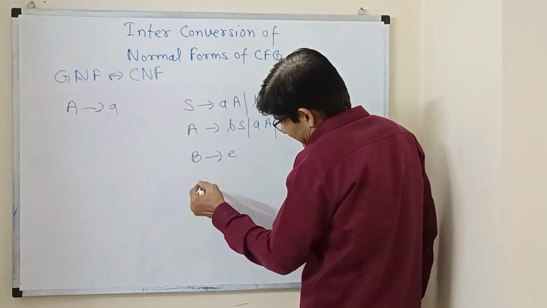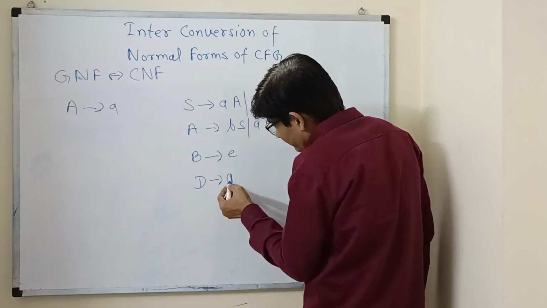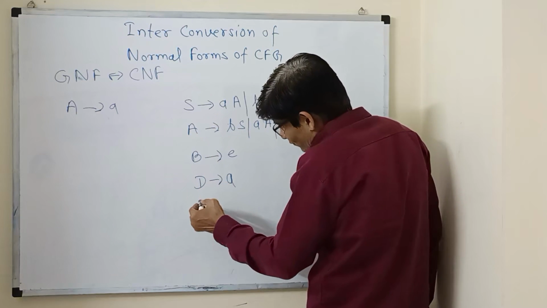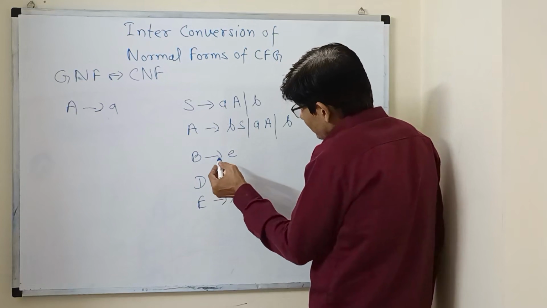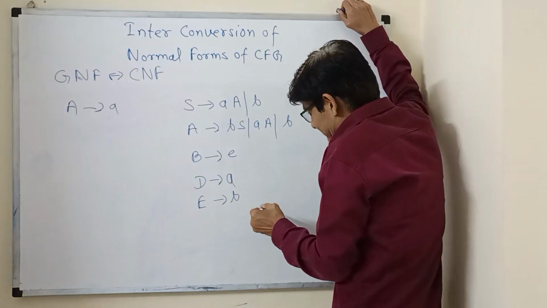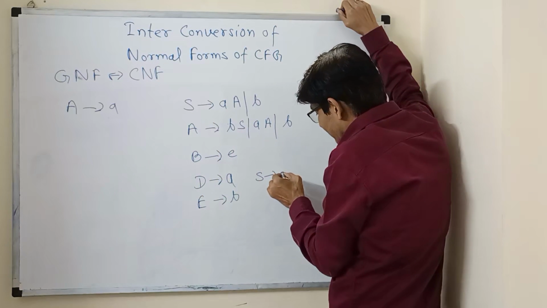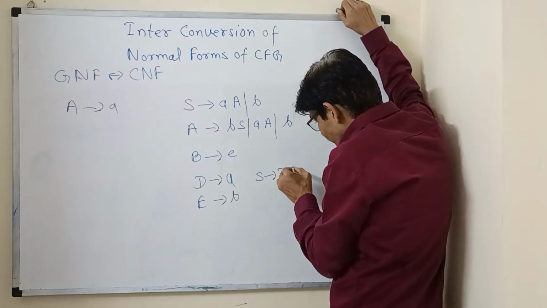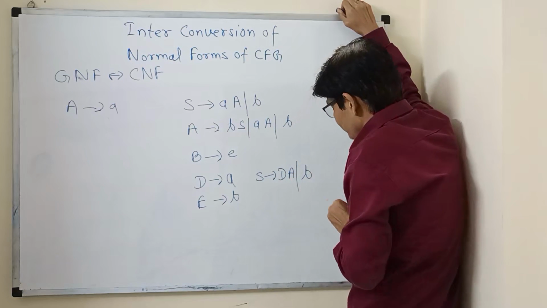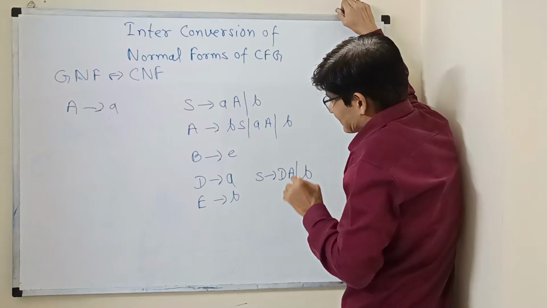For this particular a I will use one variable which is D. So I can generate this a with a D. Now I can generate this b with E, and now I can rewrite all these productions. Now in place of this a I can write DA. Now this production is already in CNF. So this I will take as it is.